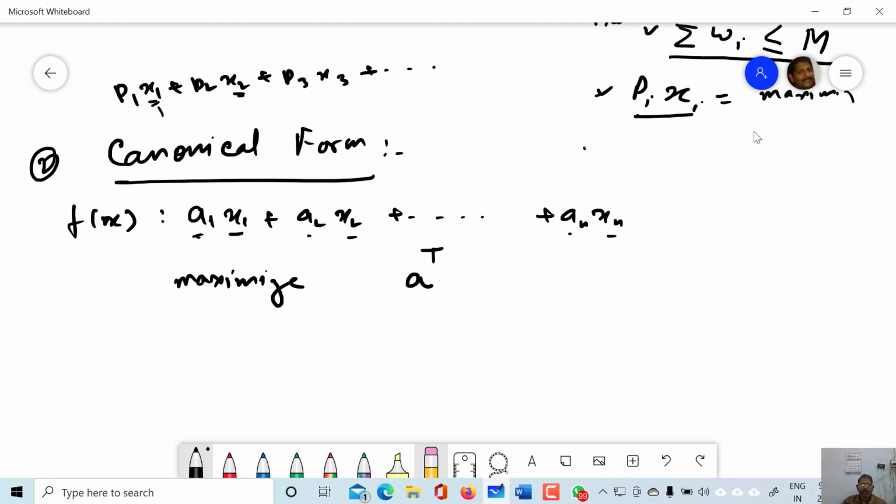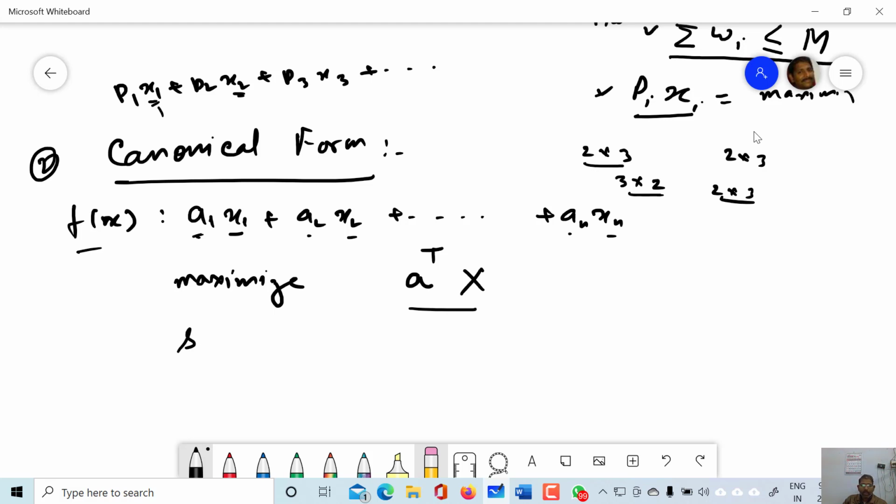If this is 2 cross 3 and the second matrix is 2 cross 3, it will not be multiplied. So first of all you have to take the transpose of this matrix, so it will be converted into 3 cross 2. Now 3 cross 2 can be multiplied into 2 cross 3, therefore it has been taken as A transpose. So A transpose X contains all the vectors of your equation. So our aim is to maximize this one, because if this vector is maximized, then the actual function will be maximized.